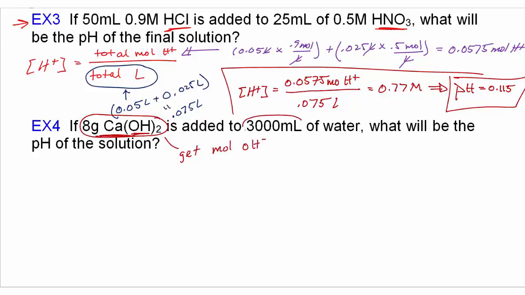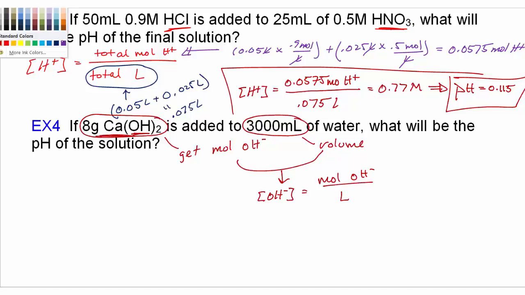And here's our volume. So if we combine these two, we can get the concentration of the hydroxide. Moles of hydroxide all over the volume. And then from there we can get our pH. So let's see how we can get this to work.